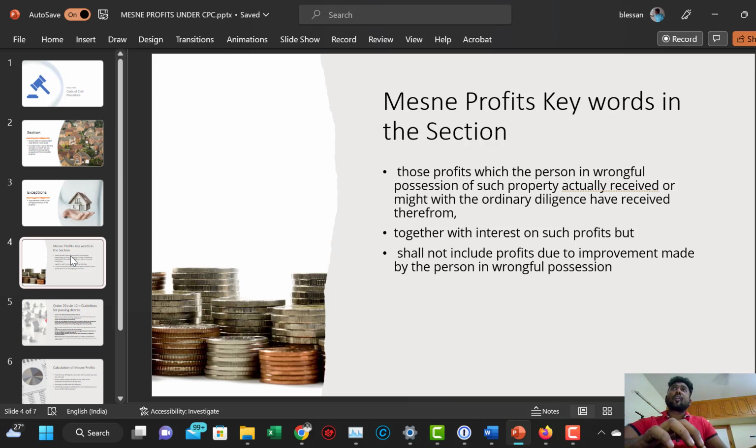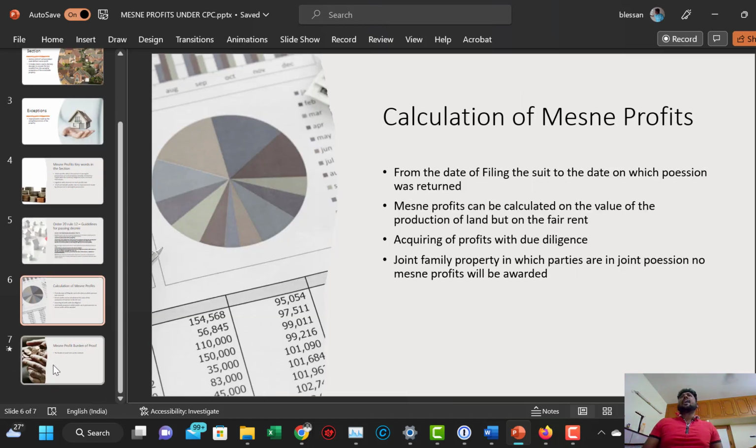Next, the most important thing is how to calculate Mesne Profits, and here is where the discretion of courts comes in. The judges have wide discretion in calculating Mesne Profits. Various judgments have been given, and I'm not going to talk in detail about these specific judgments. But the first thing is that Mesne Profit should be calculated from the day of institution of the suit to the day the possession is handed over to the lawful person, the person who has the legal claim over the property.